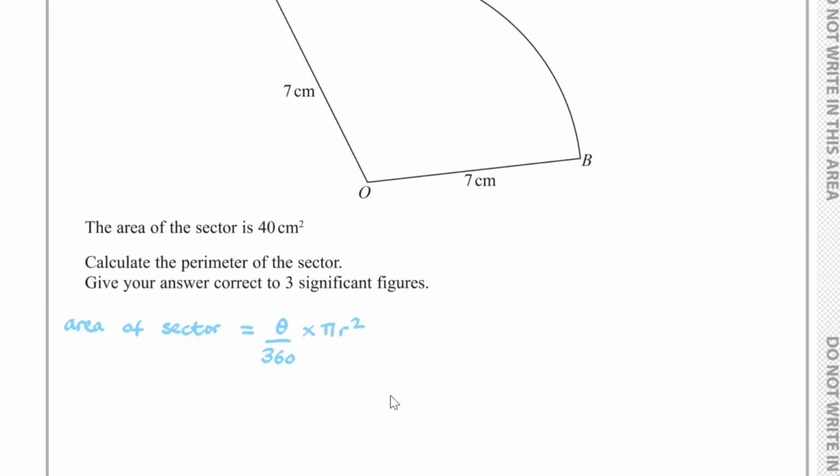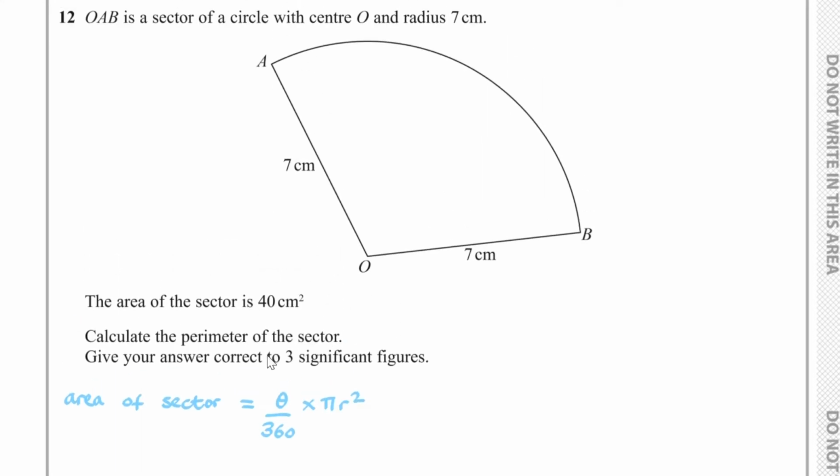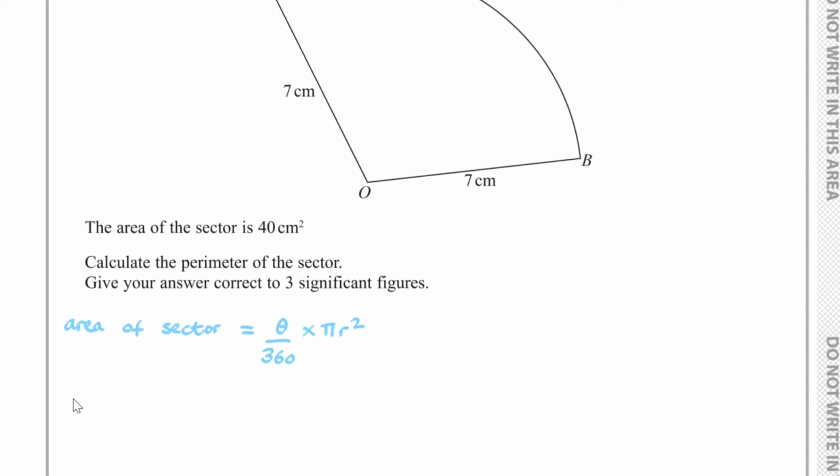Okay, and for the perimeter of the sector, we first of all have to work out the arc length. So the arc length is given by theta over 360 multiplied by 2 pi r.